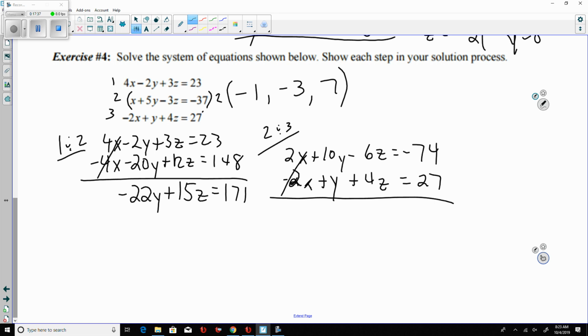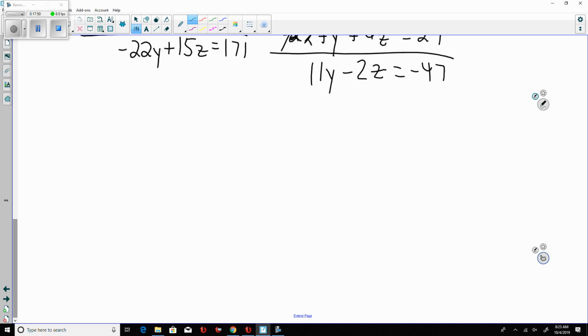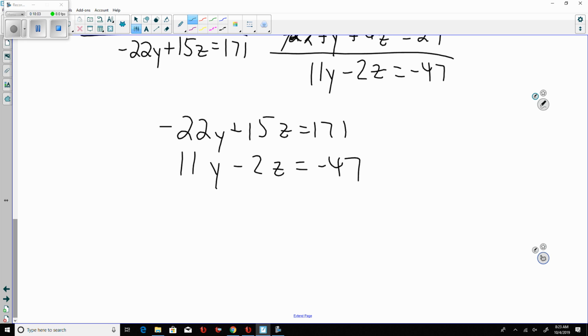X's are gone. I have an 11y minus 2z equals negative 47. Okay, so those are my equations with the x and the y. And we rewrite it as negative 22y plus 15z equals 171. And 11y minus 2z equals negative 47.